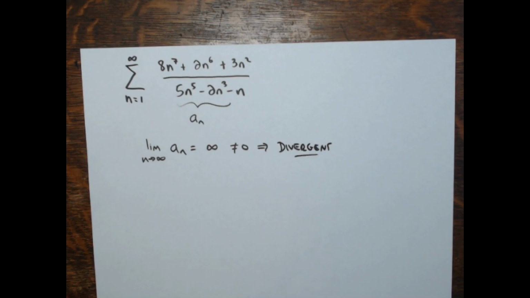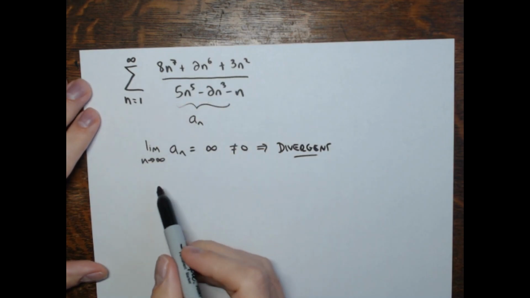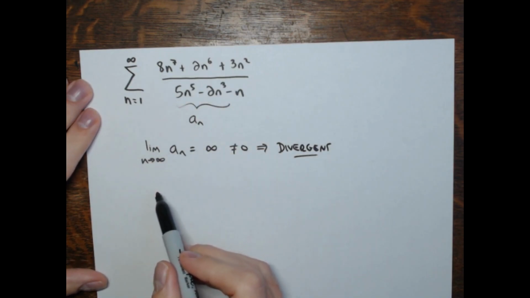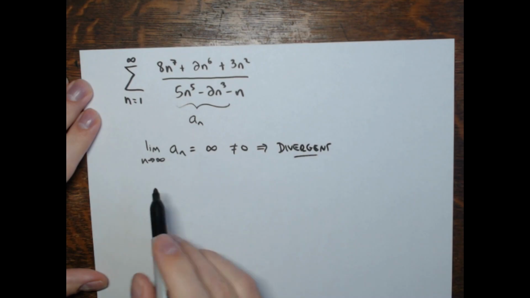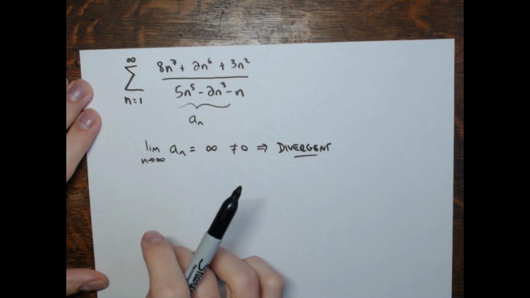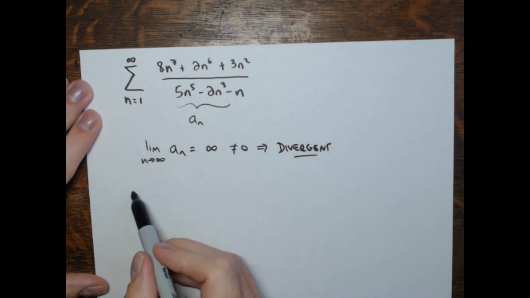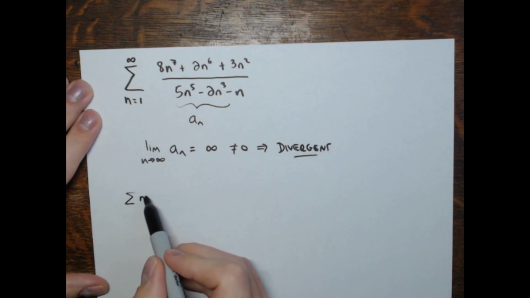So yeah, this is definitely divergent. But I see that if you want to do a limit comparison, I mean, just look at the sum of just n squareds.